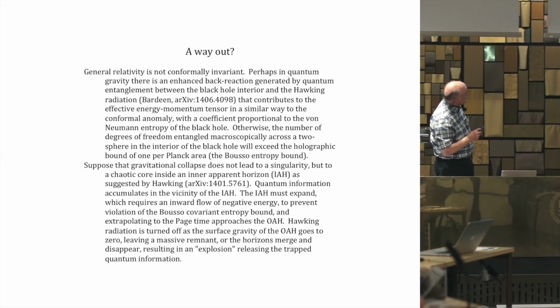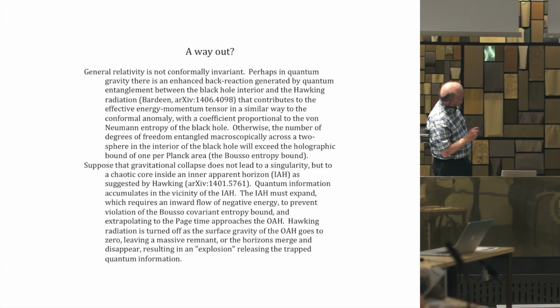Now in that extrapolation, the back reaction is small as long as the entanglement entropy is small compared to the Bekenstein-Hawking entropy. It gets to be of order 1. And at that point, any sort of semi-classical or even quasi-classical picture of the black hole is no longer valid. So it's pretty wild speculation.